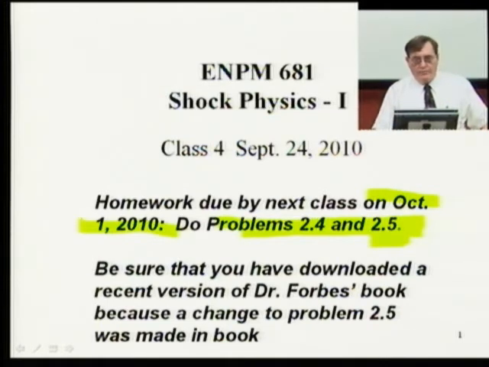If you have not downloaded the book since August 9th, you need to redo that so that you actually get the problem with the correction in it. I do that occasionally. As I go through this, I find small errors, but when they're important, I will alert you that I reposted it and you need to get a new version.